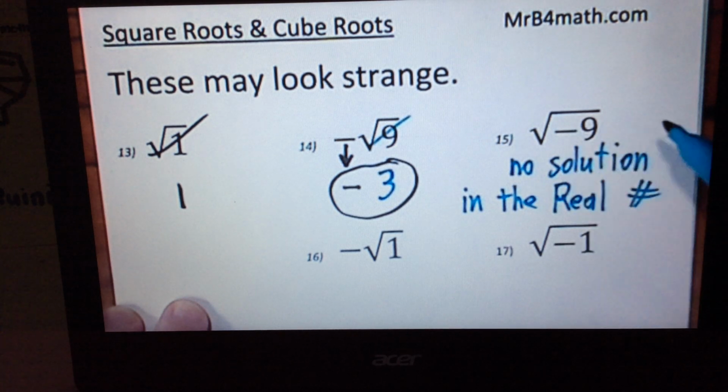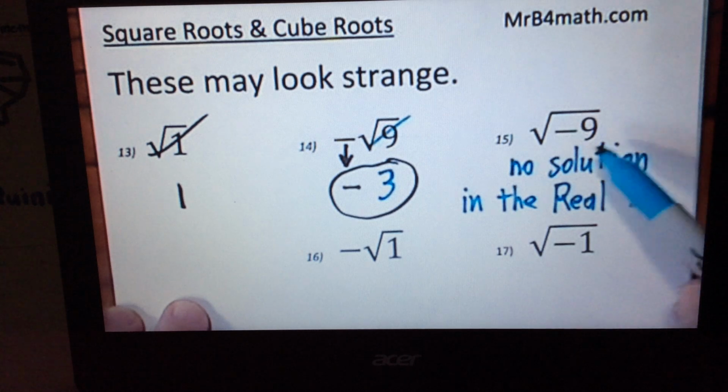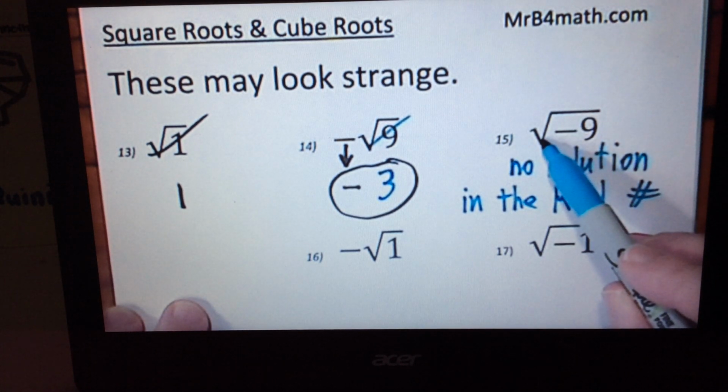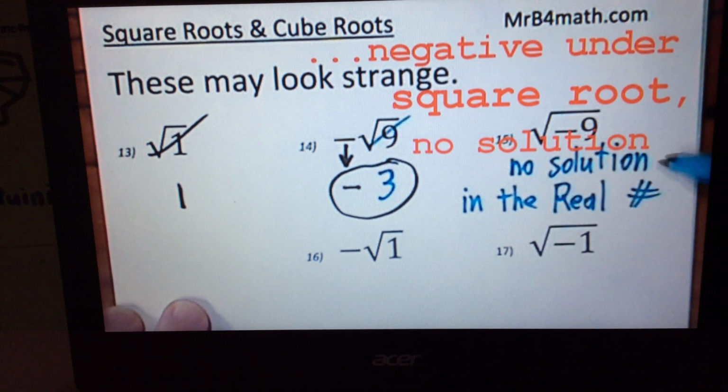At least not in the real numbers. We have complex numbers where there is a solution, but you're not called on to deal with that just yet. So you have to realize if there's a negative underneath the radical symbol, there's no solution. Usually this answer is sufficient.